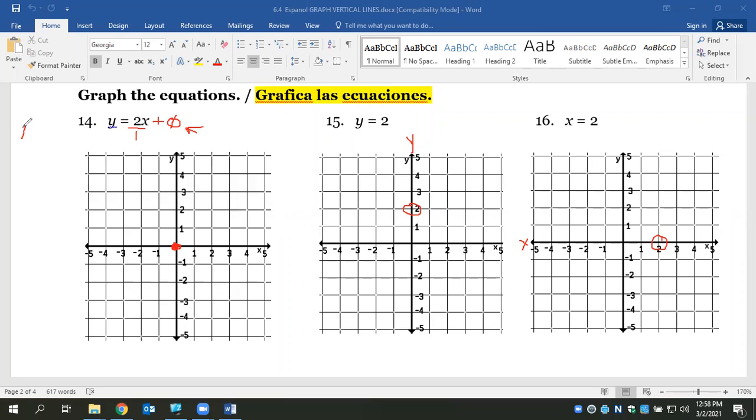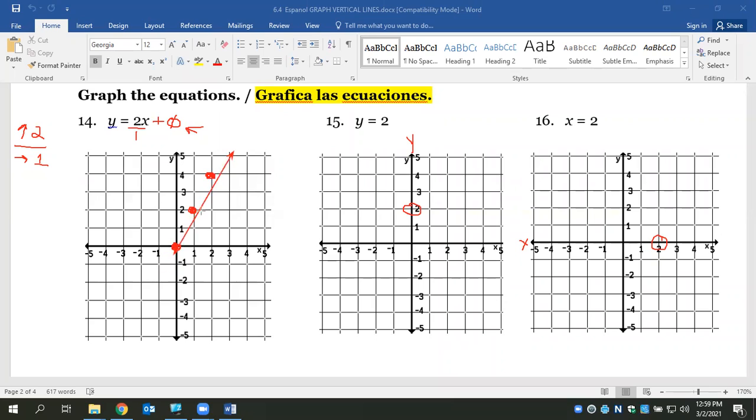That means that I'm going up 2 and I'm going over 1. So from here I go up 2, over 1. Up 2, over 1. Now I can draw my line and everything should be great.